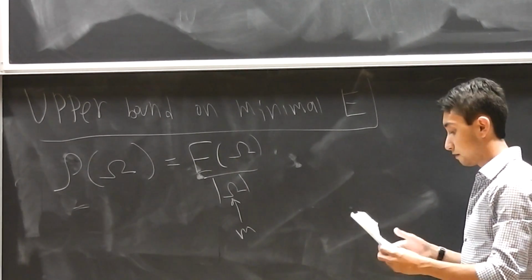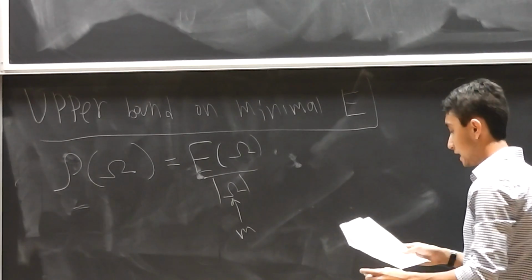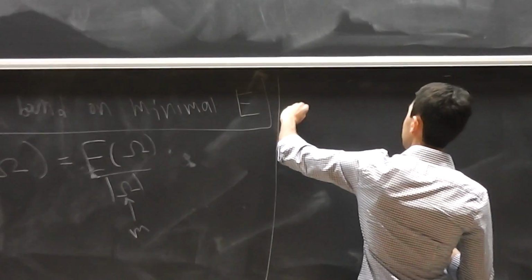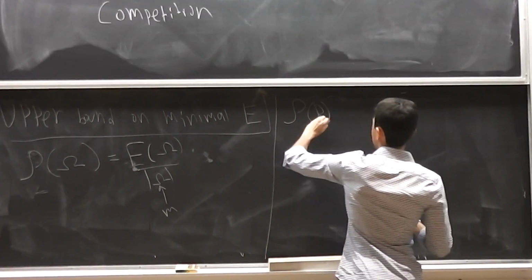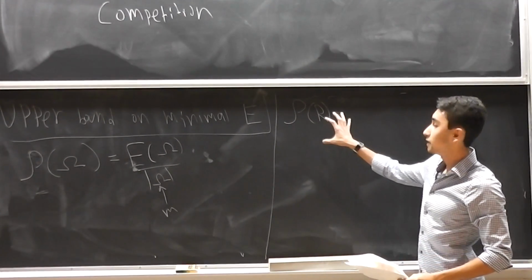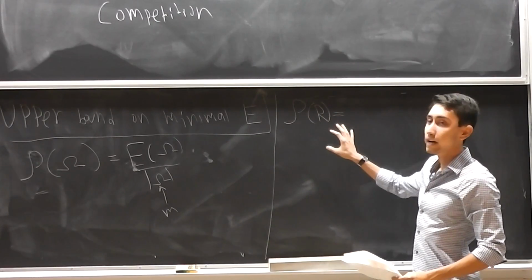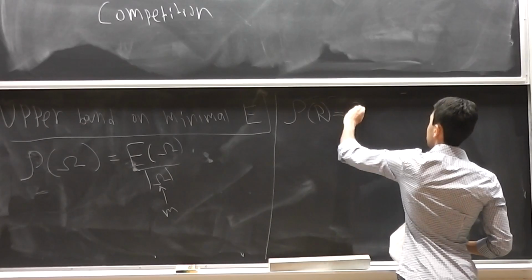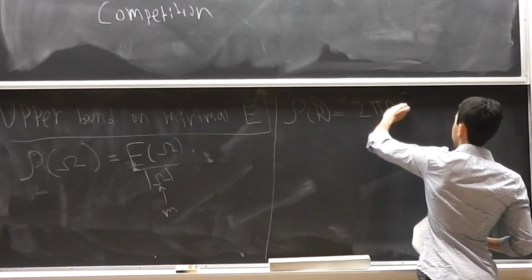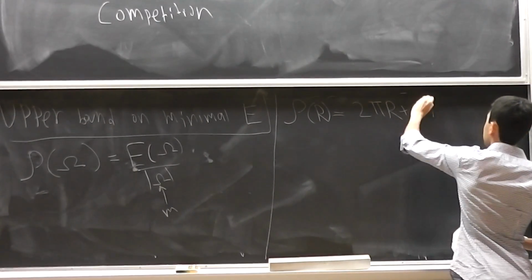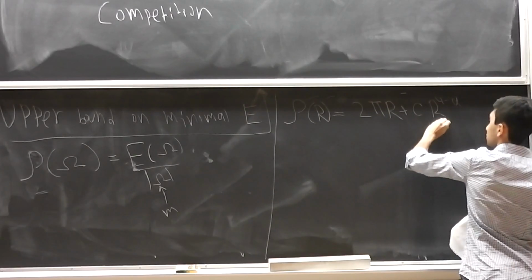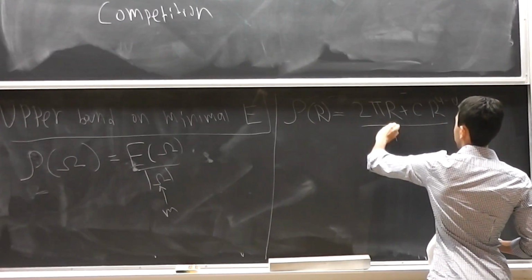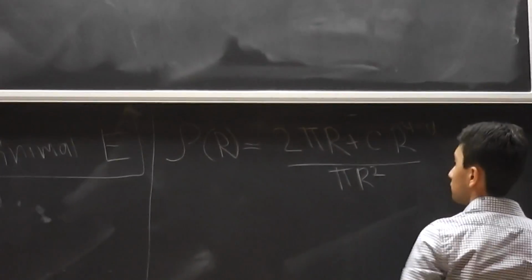We can get a formula for that. Let's call that rho of R. Rho of R is the energy density of a ball of area pi r squared. So it's 2 pi r plus that constant times r to the 4 minus alpha, divided by pi r squared.